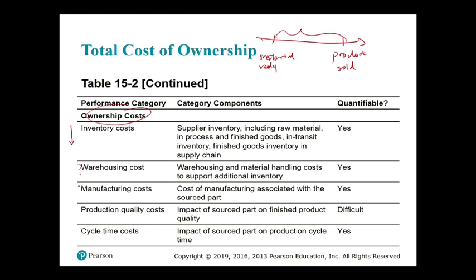Manufacturing costs are probably higher, right? Compared to the Asian low-cost countries. Production quality costs. So they decrease. Same demand. Decreases because we assume it's easier to monitor the product quality, right?